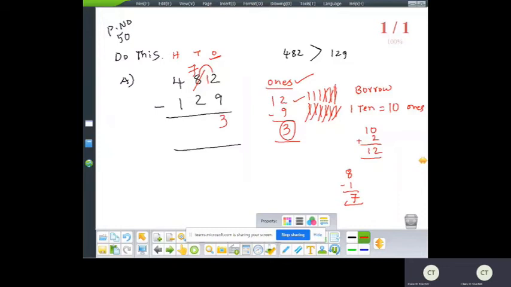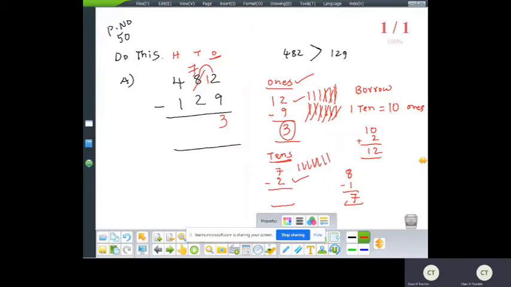Now subtracting on tens. The digits under tens are 7 and 2. 7 minus 2. Here 2 is smaller than 7. It means bigger number minus smaller number, so there is no need to use borrow. 7 minus 2: 1, 2, 3, 4, 5, 6, 7.